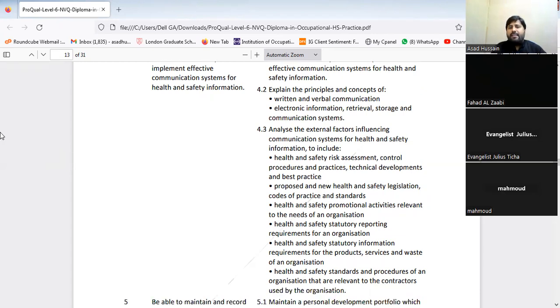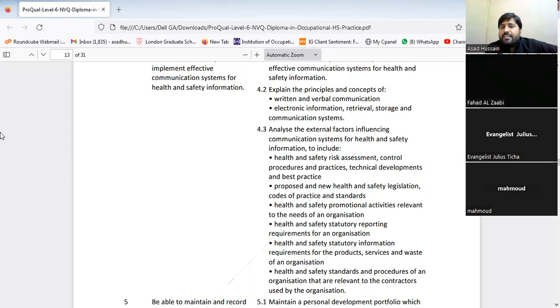It is analyze the external factors influencing communication systems for health and safety information, to include health and safety risk assessment control and procedures and practices, technical developments and best practice, proposed and new health and safety legislation, codes of practice and standard, health and safety promotional activities relevant to the needs of an organization, health and safety statutory reporting requirements for an organization, health and safety statutory information requirement for products, services, and waste of an organization, health and safety standard and procedure of an organization that are relevant to the contractors used by the organization.